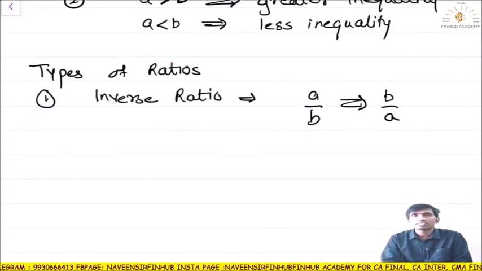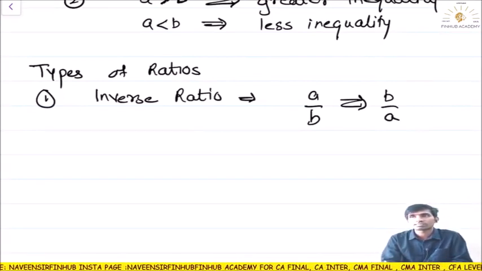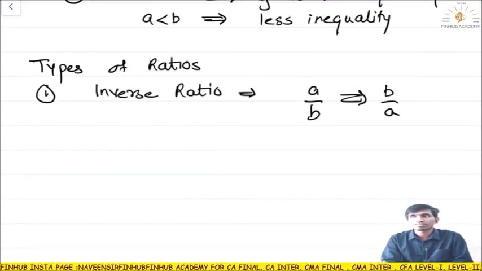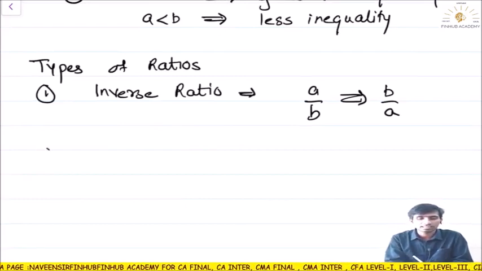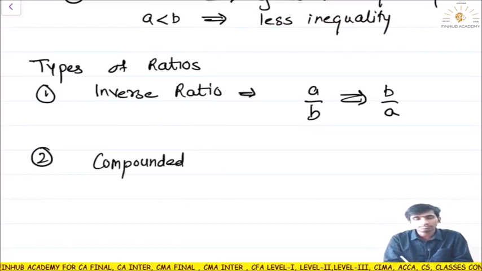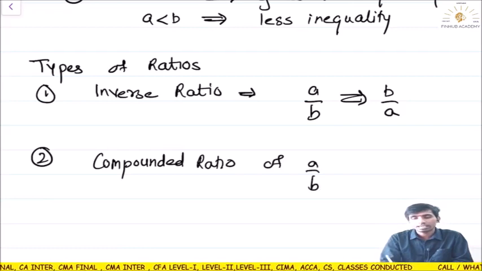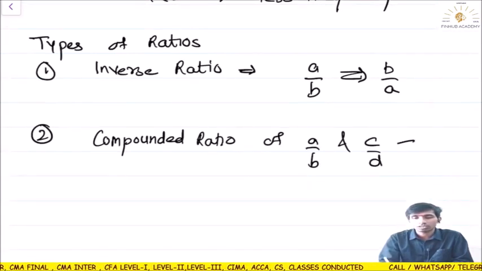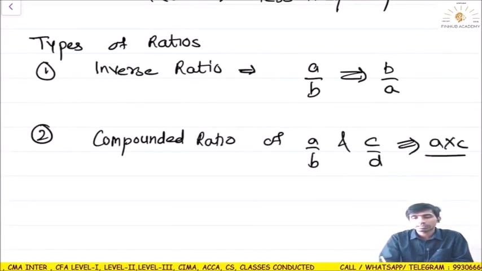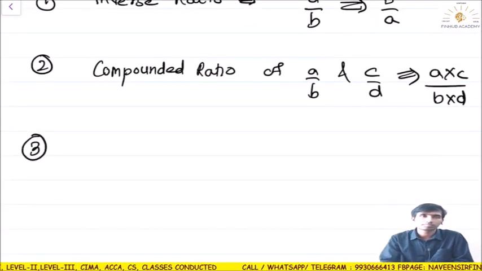Please write. Second, compounded ratio of a by b and c by d will be what? You have to multiply the numerators and denominators: ac by bd.